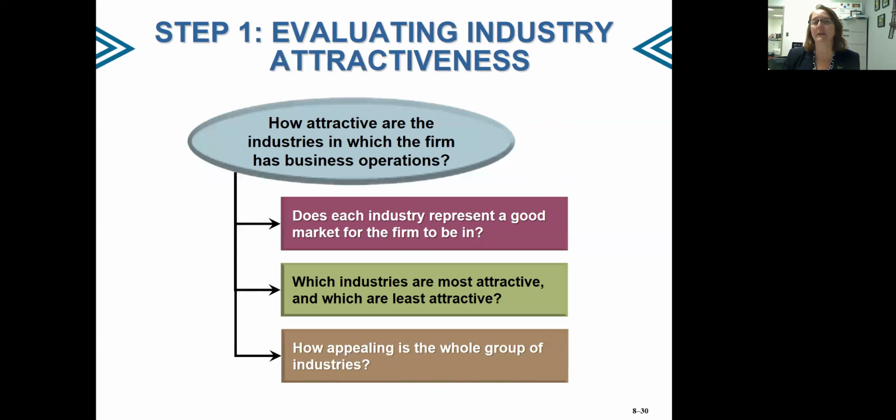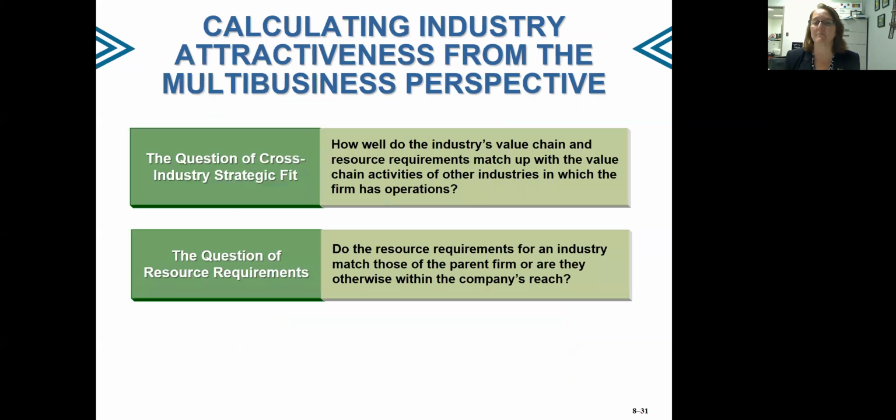And how appealing is the whole group of industries? So calculating the industry attractiveness: how well do the industry's value chain and resource requirements match up with the value chain activities of other industries? Or the question of resource requirements: do the resource requirements for an industry match those of the parent? Are they within the company's reach?